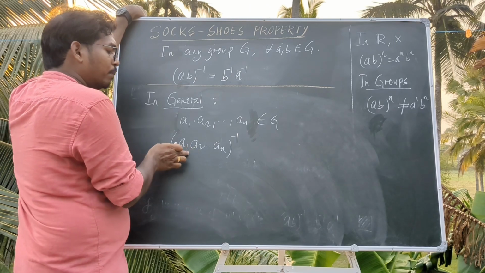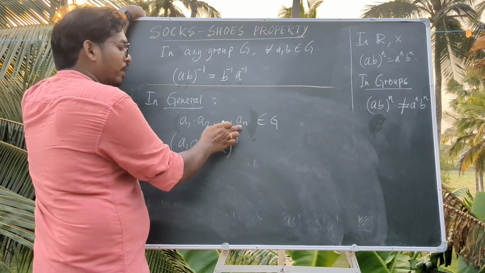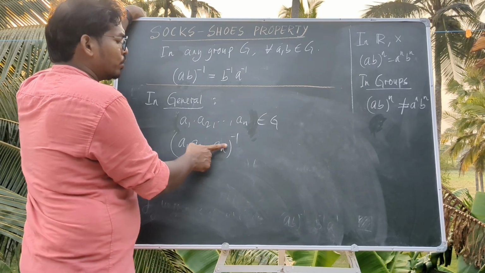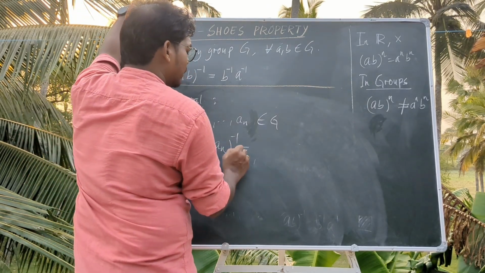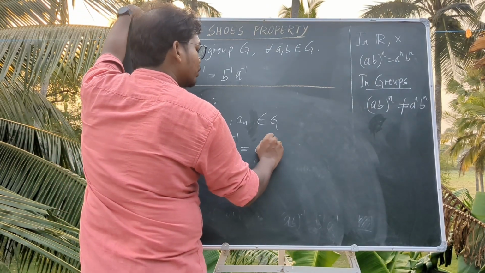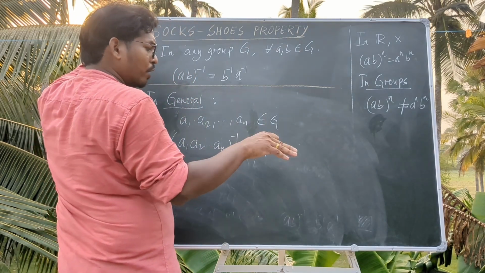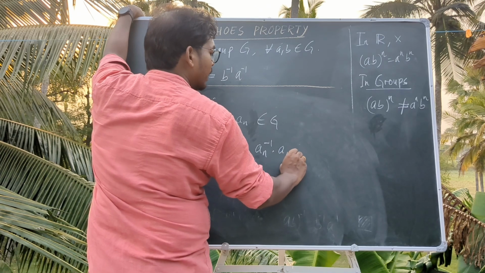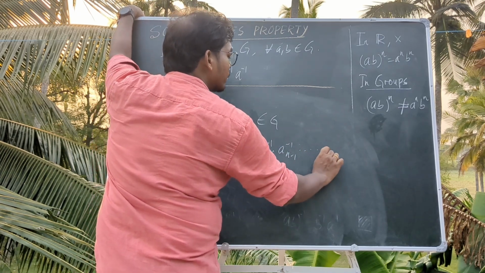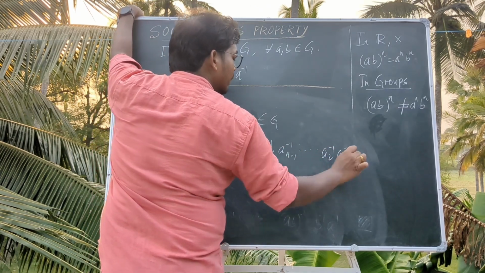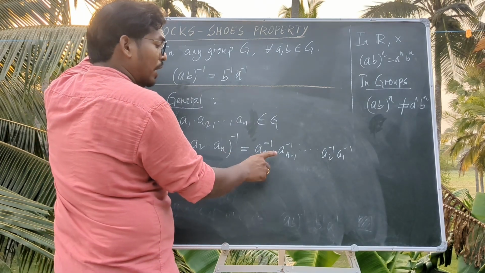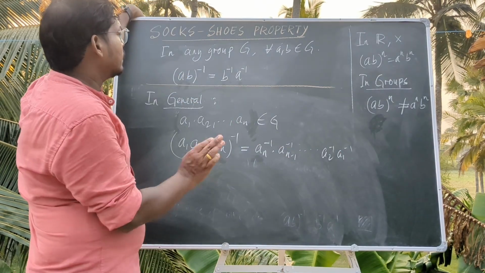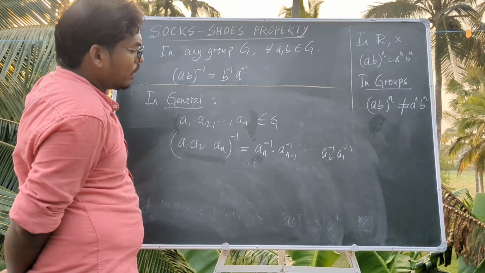So we have n elements, a1, a2 up to an, operated with the operation of group G, and we are going to find its inverse. This inverse is the same as the product of their individual inverses, but taken in opposite order. It is not the same as a1^-1, a2^-1, a3^-1 up to an^-1. So this is the socks-shoes property in general.